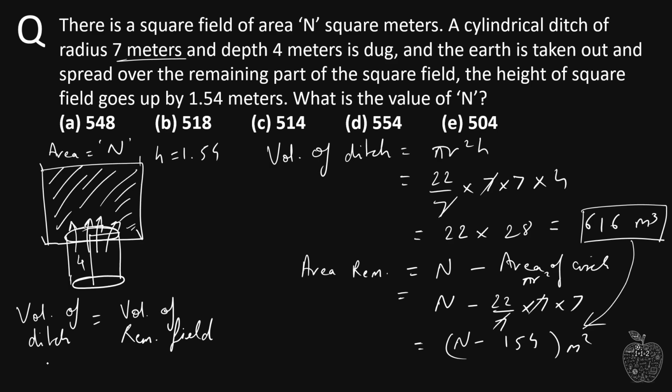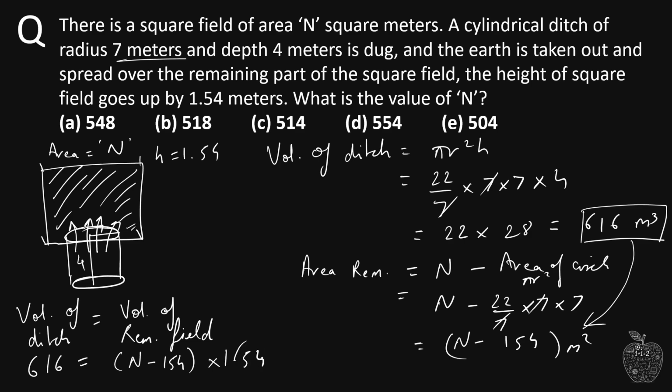So we'll write 616 is equals to volume of field. We don't know the volume of field, but we know the area of this field, it is n minus 154, and when we multiply this area by height we'll get the volume. Now height is given to us as 1.54, because after spreading the earth the field is raised by 1.54. So for h we'll write 1.54.